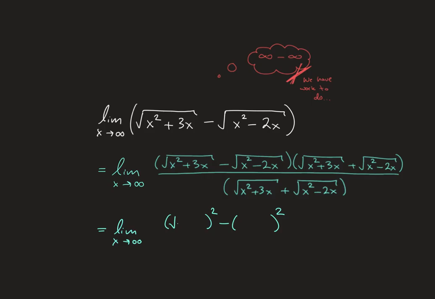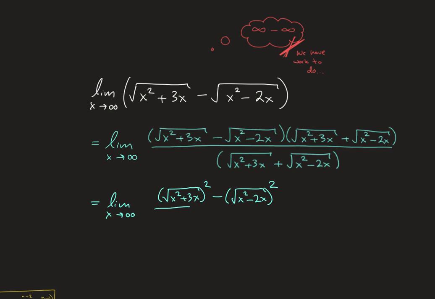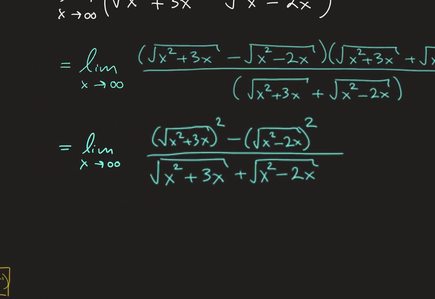That's going to be the square root of x squared plus 3x, and right here we have the square root of x squared minus 2x. This is all divided by the square root of x squared plus 3x plus the square root of x squared minus 2x. All right, let's see.